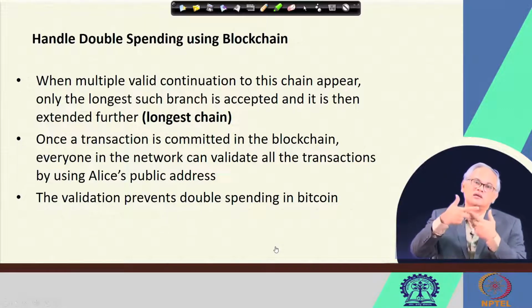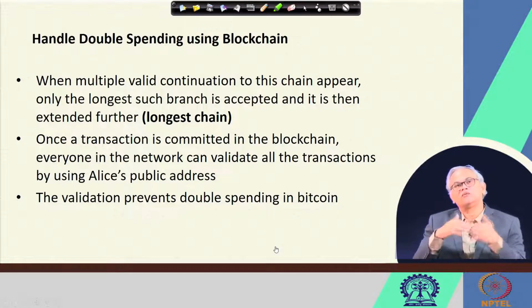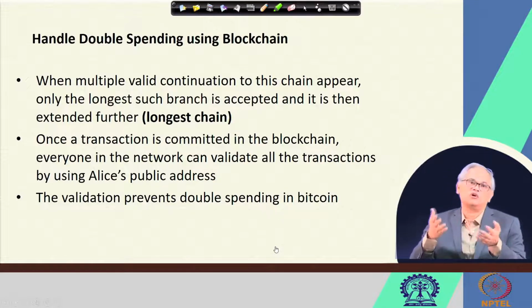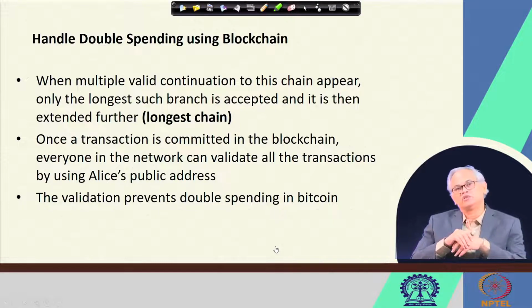If they get added to two different blocks as forks, then only one of them will prevail, and the other will eventually die out, as we have seen from our previous lecture. So, there is no way that one can do double spending and get away with it.